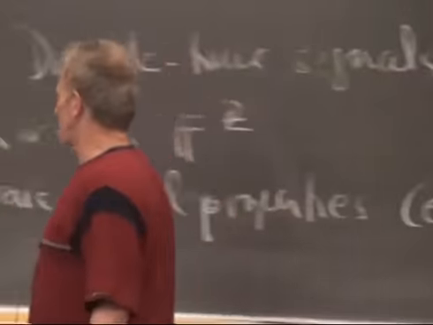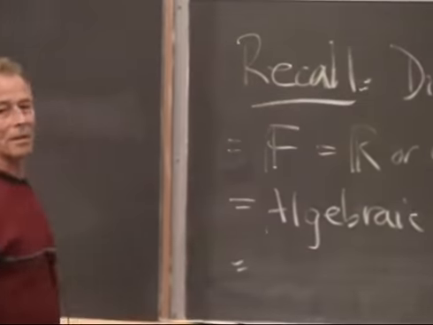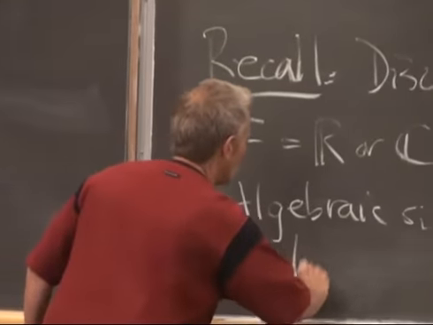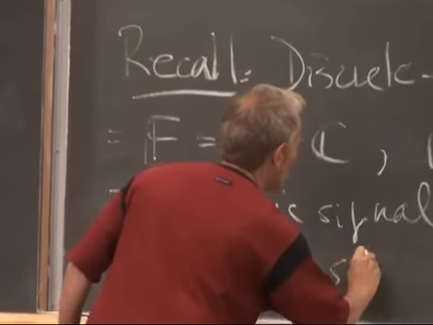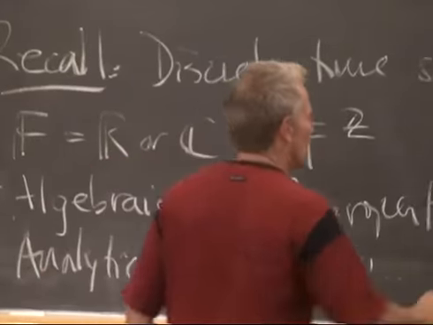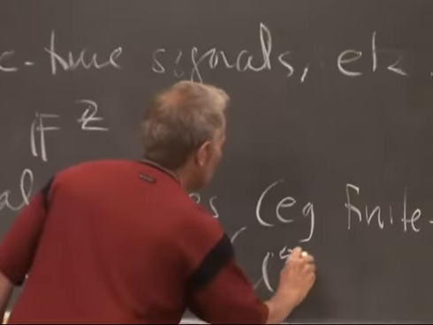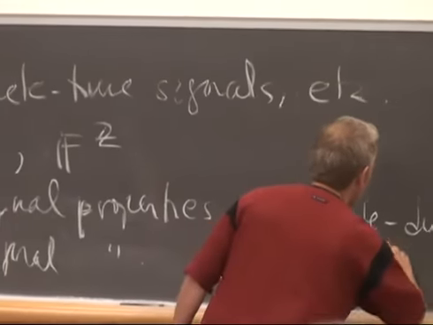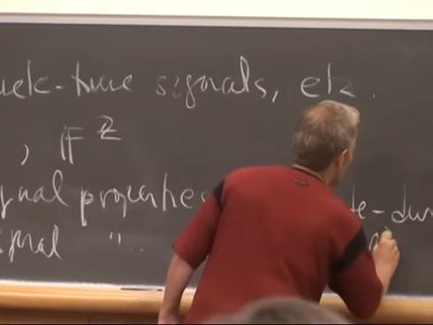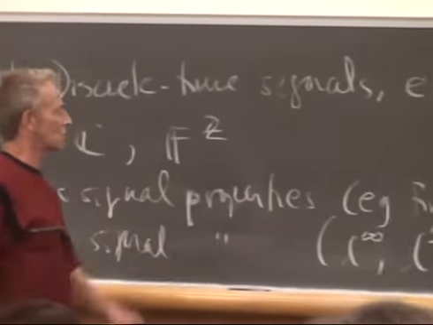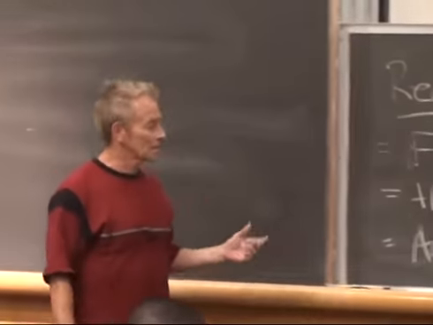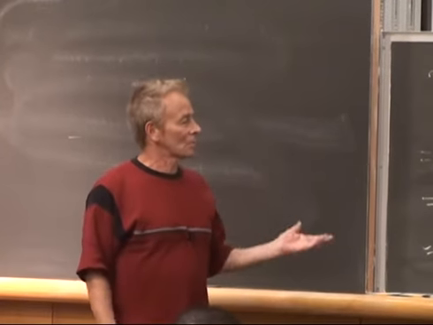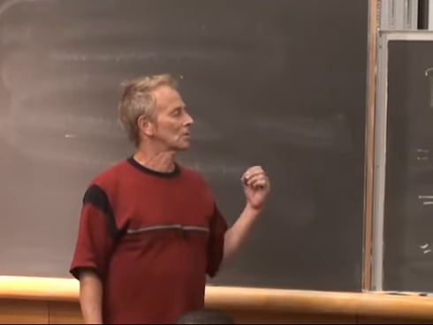And last time we spent the majority of the class talking about these analytical signals properties. We had bounded signals, absolutely summable signals, and square summable signals, and notation for the set of all such things. All bounded signals is L infinity, all absolutely summable signals is L1, all square summable signals is L2.